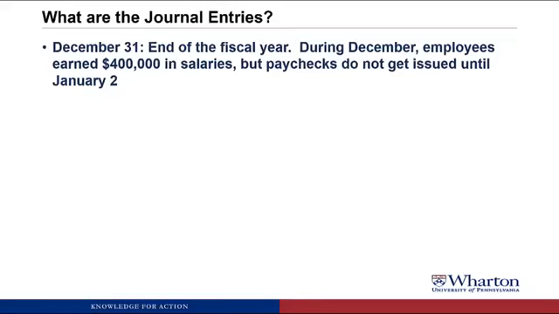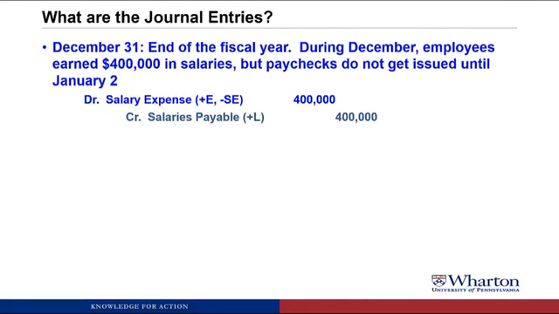Even though they haven't been paid, we have to recognize an expense for the amount of salaries that they earned during December. So we create an expense with a debit to salary expense for $400,000. We haven't paid them cash, but we owe cash. We have an obligation to pay them for the time they worked. That obligation sounds like a liability, and in fact it is, so we credit salaries payable, a liability, for $400,000.